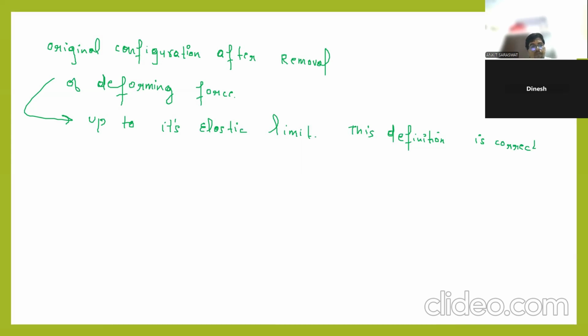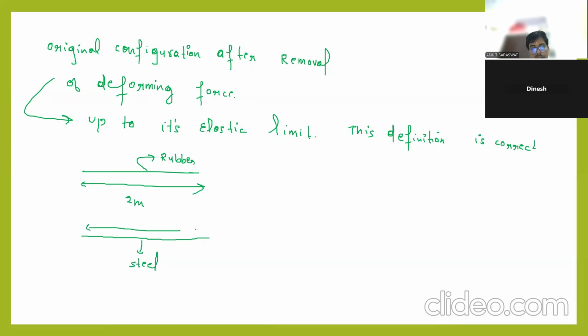I will explain. For example, this is a rubber band, made of rubber, with a length of, say, 2 meters. And this one is made of steel, the same length, 2 meters. If you apply a force of 4 Newton on the rubber band and 4 Newton on this steel wire, which wire will oppose the change more?